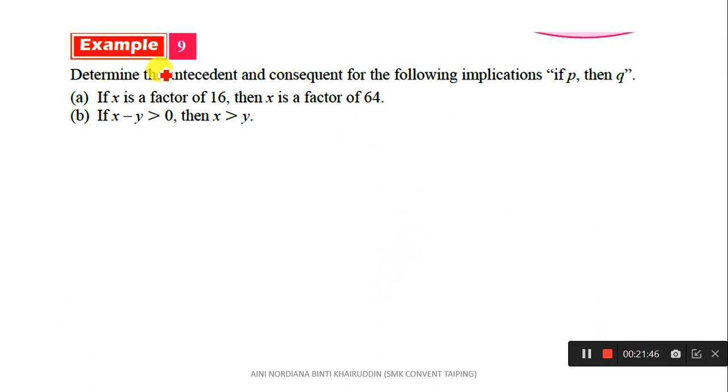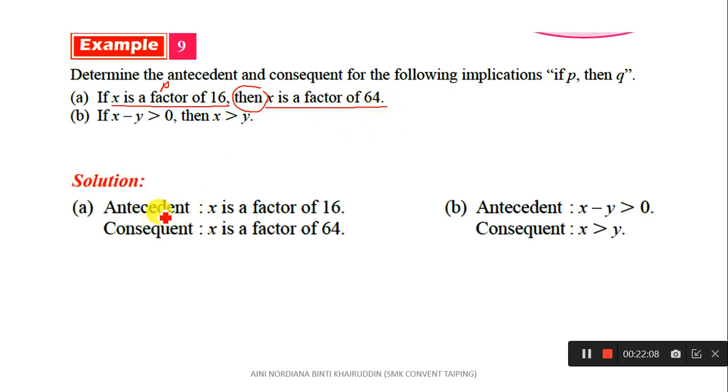Okay, example 9, determine the antecedent and consequent. As I said just now, after the word if, this is the antecedent, P. After the word then, this is the consequent. So the antecedent for A: x is a factor of 16.